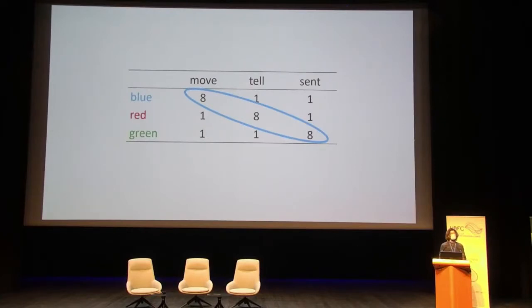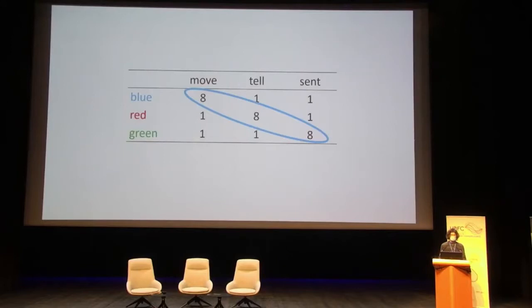So the basic finding within this task is that participants respond more quickly and accurately to the high contingency trials, for example, "move" in blue or "tell" in red, relative to the low contingency trials, the infrequent pairings like "move" in green.